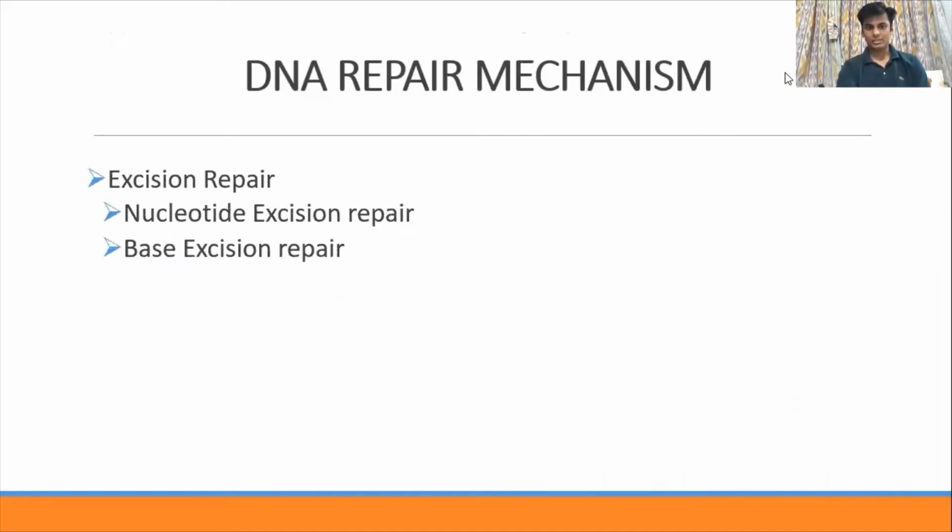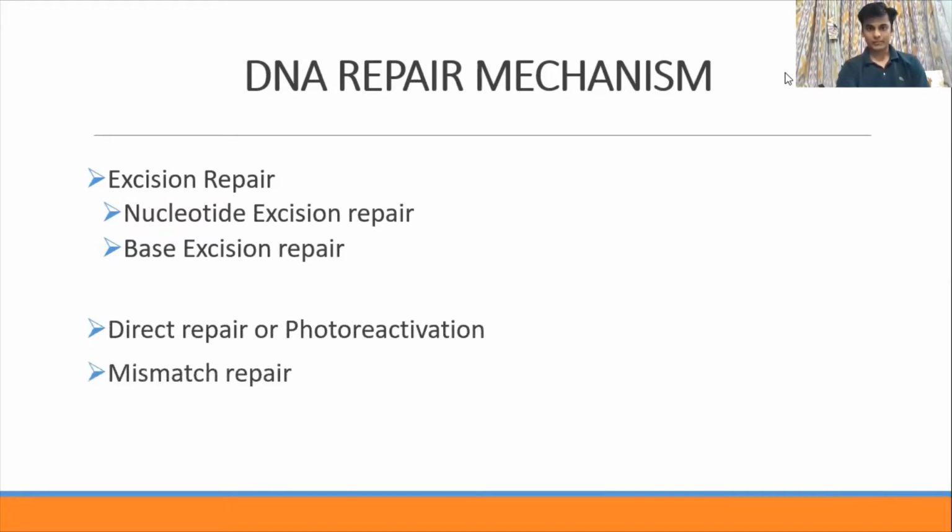First, excision repair, which includes nucleotide excision repair and base excision repair. Second, direct repair or photoreactivation. Third, mismatch repair. Fourth, recombinational repair. Depending on the type of damage, a cell adopts a specific repair mechanism.